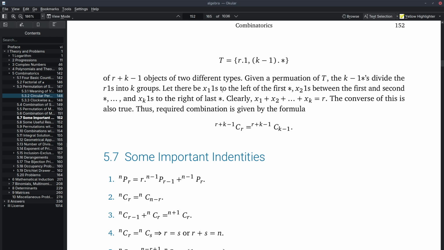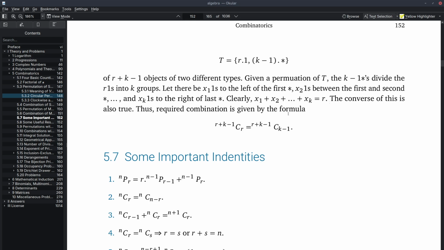Let there be x1 ones to the left of the first star, x2 ones between the first and second, and xk ones to the right of the last star. Clearly x1 plus x2 through xk is equal to R. The converse of this is also true.